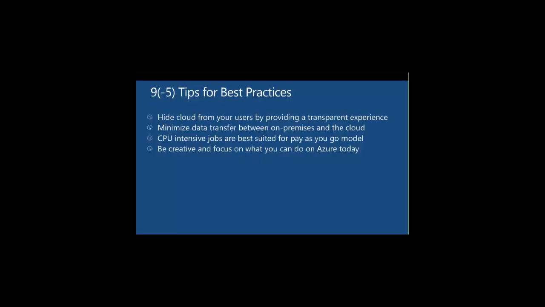And then for CPU-intensive jobs, it's probably the most economical thing to run on Windows Azure, or any other cloud provider. And finally, be creative and focus on what you can do on the cloud today, rather than what you cannot do.